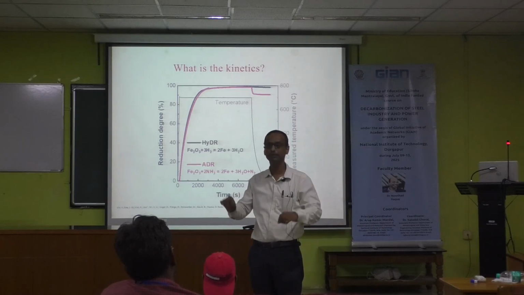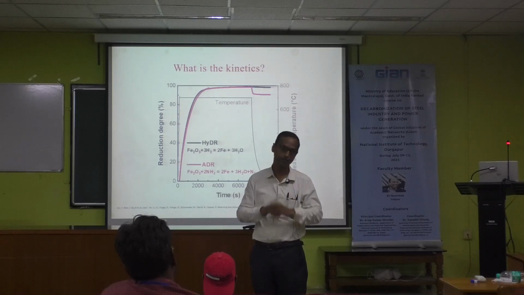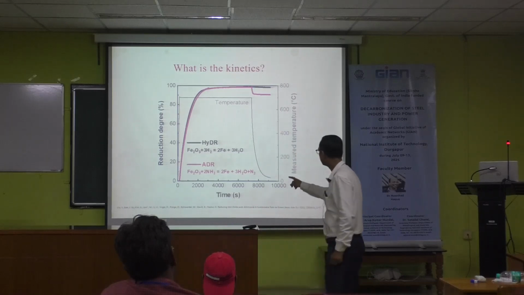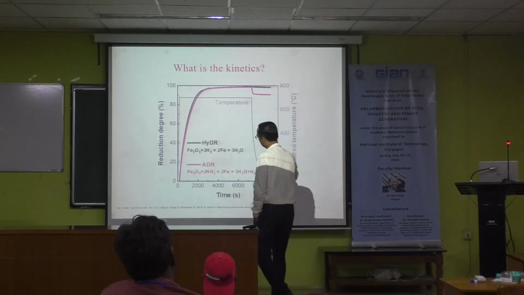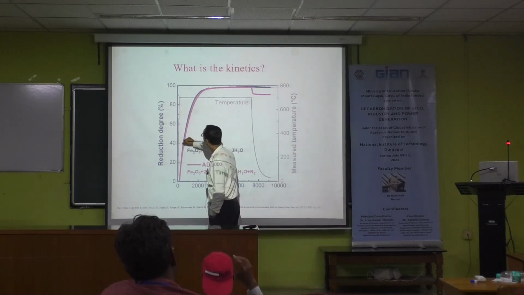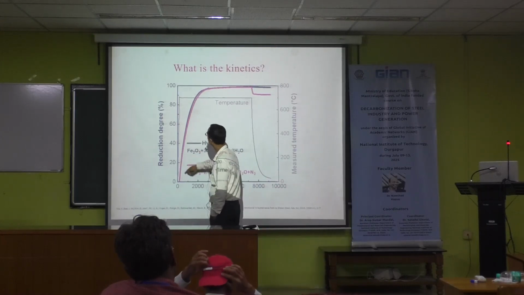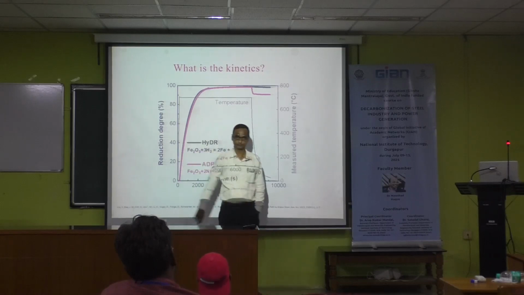Some formula is there. You can convert it and determine how much percentage of reduction is there. You can see in both cases, with increasing time, the degree of reduction is increasing.